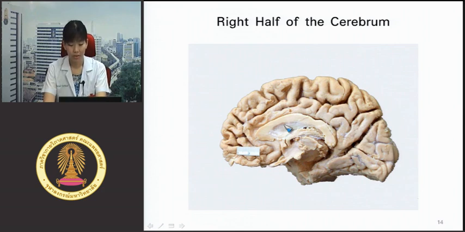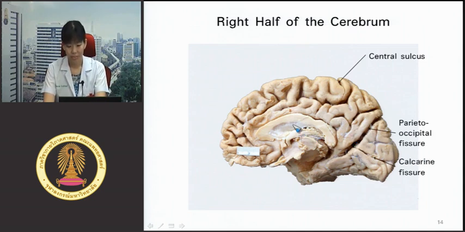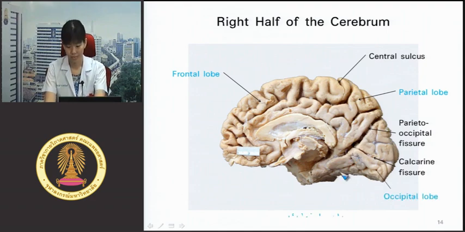Then compare with the right half of the cerebrum. On the medial surface of the right cerebral hemisphere, again, the central sulcus, parieto-occipital fissure, and calcarine fissure are located. Observe parts of the frontal lobe, parietal lobe, occipital lobe, and temporal lobe.